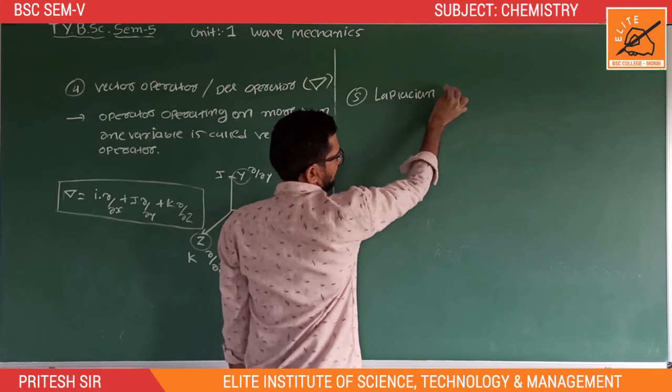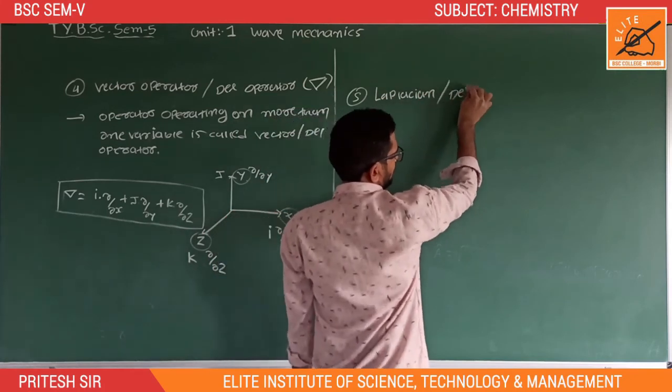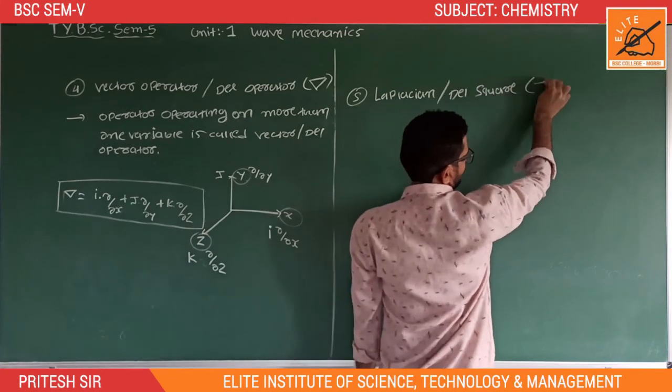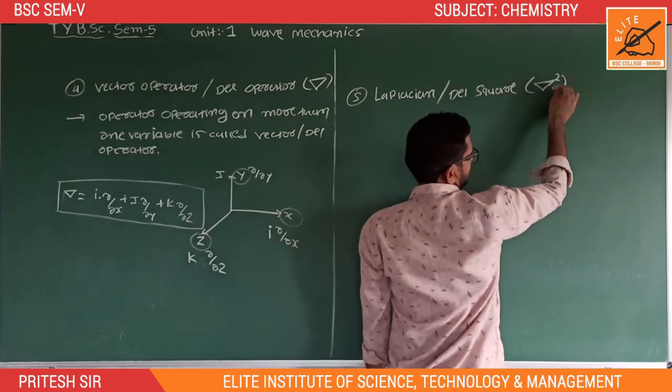Okay, so operator number 5 is the Laplacian operator, also known as the del square operator, and it is denoted by del square.